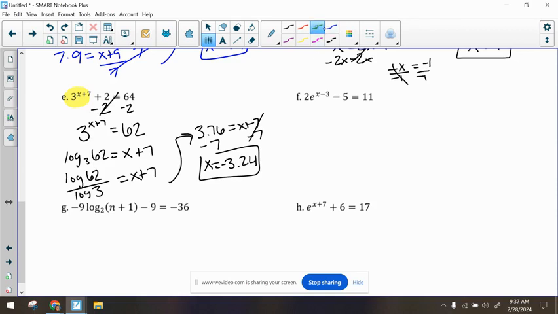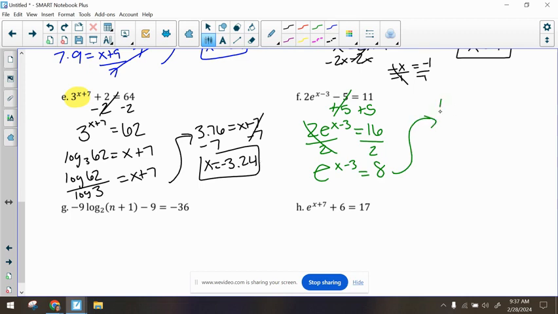Moving on to question F. Question F, I still want to get that exponential to be by itself, so I'm going to start by adding 5, not 15, but 5 on both sides. So 2e to the x minus 3 equals 16. Then I'm going to divide by 2 to clear that out. So e to the x minus 3 equals 8. Now we saw an e problem previously that I know I need to convert.